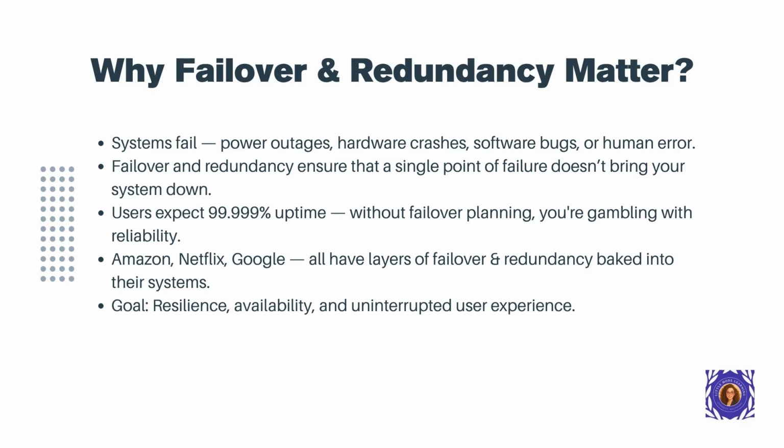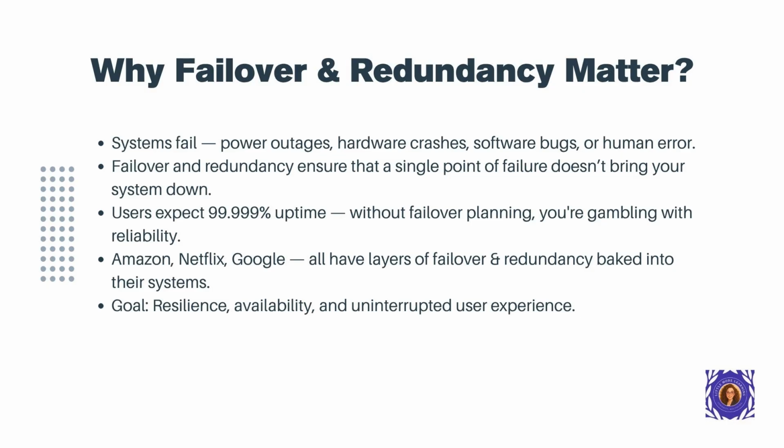In today's digital landscape, users expect near-perfect uptime, often aiming for 5 nines, 99.999% availability. Without meticulous planning for failover and redundancy, you're essentially gambling with your system's reliability, leading to unhappy users and lost business.